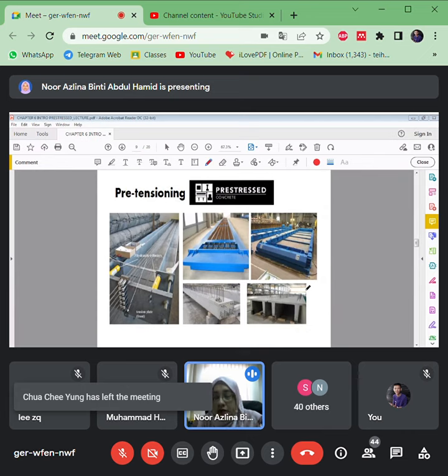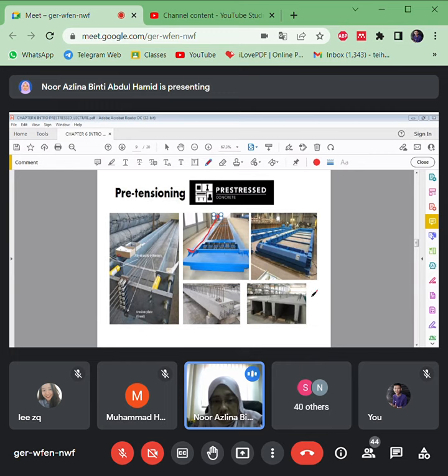So this is all the equipment for pre-stress, which is usually prepared at the factory. If you can see here, it depends on the sizing and the length of the structure.